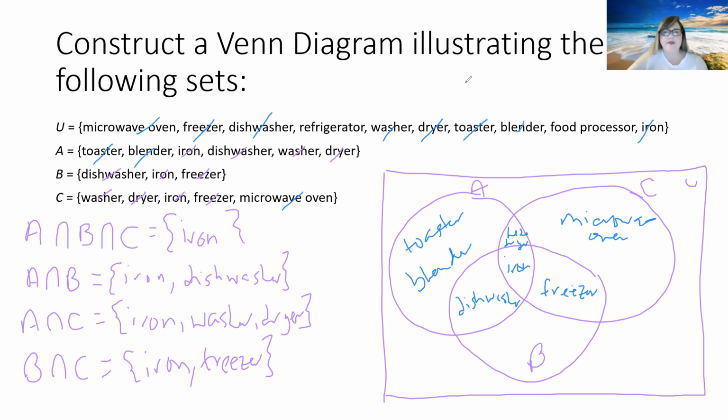That's everything that's in all of the sets A, B, and C. So now everything in U that's not crossed out needs to go in the box, but not in the circles. That would be refrigerator and food processor.